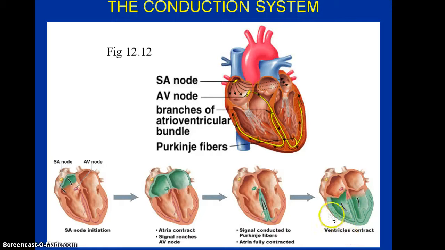Without any kind of stimulation, the ventricles or the atria will not contract. They need this electrical stimulation. So that is what this conduction system is. It's a system within the heart of specialized cells that are able to generate electrical impulses to stimulate the heart muscles to contract.